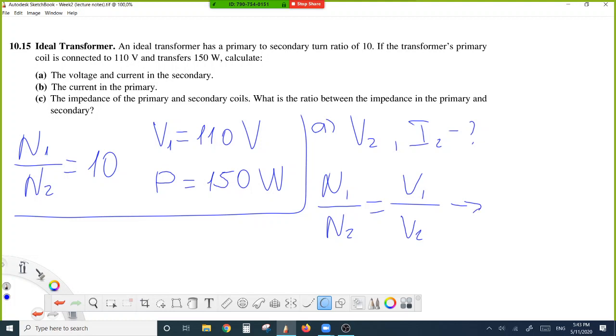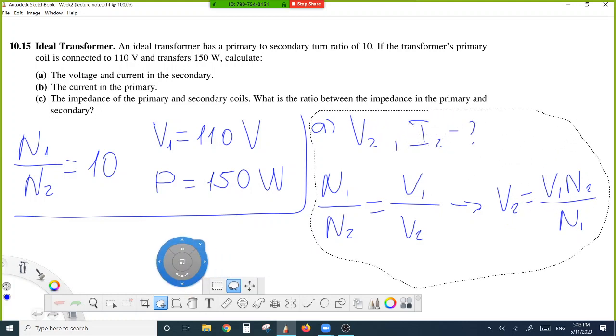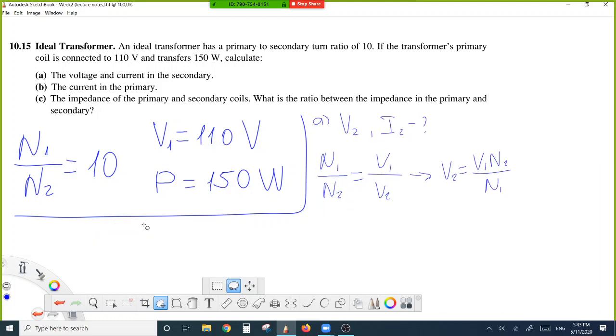So from here we have V2 equal to V1 N2 over N1.